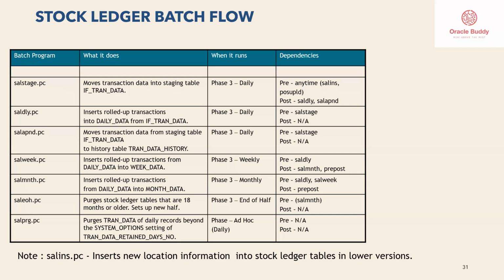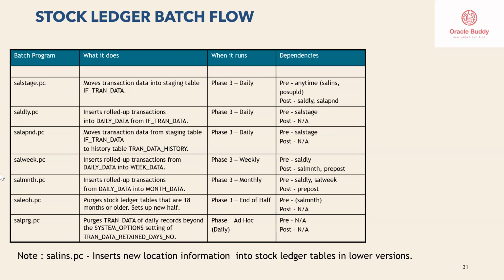But in the higher versions, there is no salins.pc batch. The mapping into the stock ledger tables is done through an asynchronous process. Once any department, class or subclass is added in the merchandise hierarchy, it is automatically inserted into the stock ledger tables by the asynchronous process.